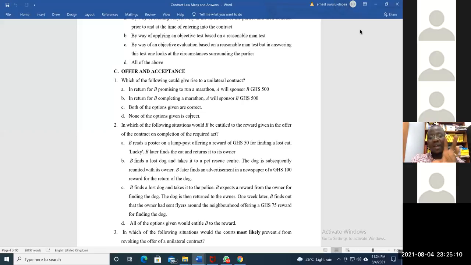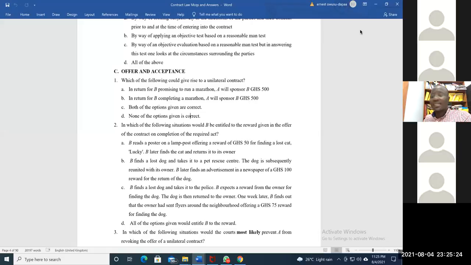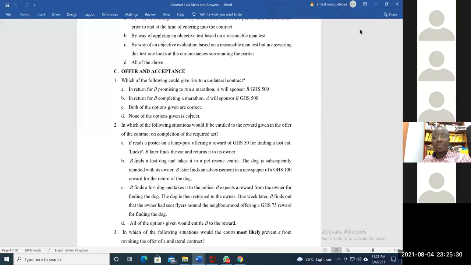But what is important at this stage is that we have clarity in our mind that by unilateral contract, it's not really the case. Some of you were trying to overstate the principle. Some of you were saying that you cannot have a unilateral contract unless you've made the promise to the whole world. Not necessarily.